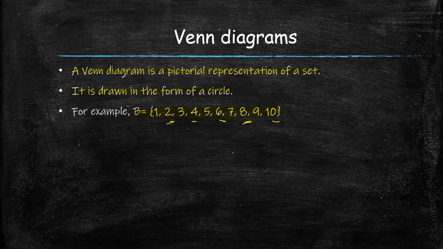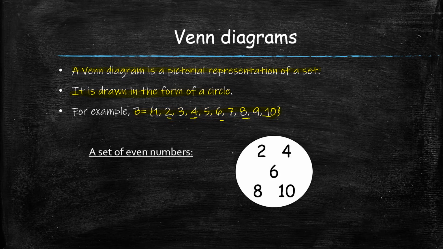So now let's make a Venn diagram on the set of even numbers. All the even numbers from this set B are written here in the circle. So this is a Venn diagram showing the set of even numbers.